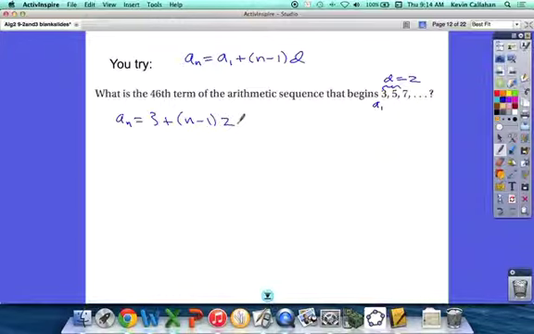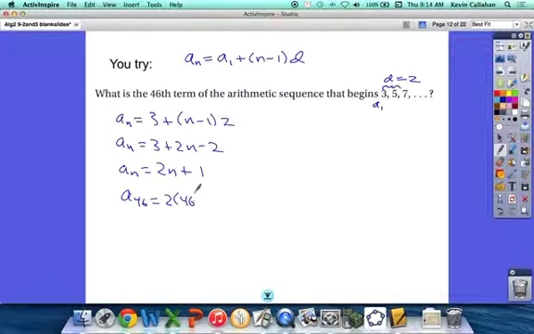If you find the formula, we would simplify that. a_n equals 3 plus 2n minus 2. a_n equals 2n plus 1. Now when we plug in 46, a_46, we get 2 times 46 plus 1, which is 93. If you did it up here without having simplified the formula, you would have 46 minus 1, which is 45. 45 times 2 is 90, plus 3, 93. Either way.